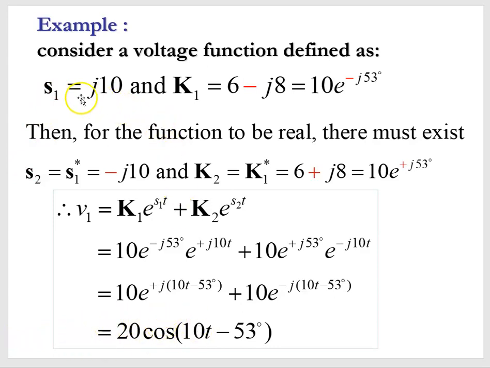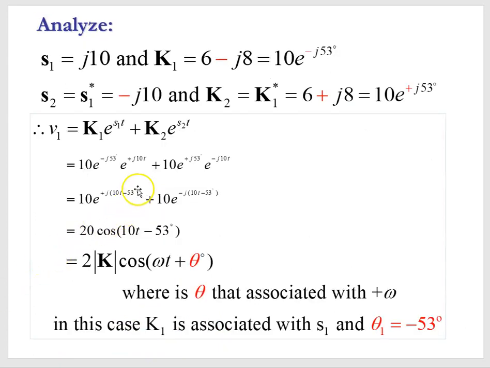So this complex frequency and complex constant, we know the conjugate exists for both, and we can use our Euler's identity and complex analysis to take just the real part, and the real part is the only real part. So the key here again is what we ended up with.